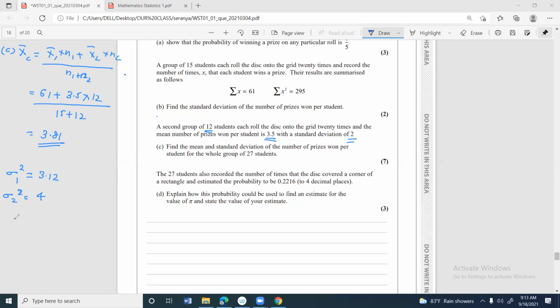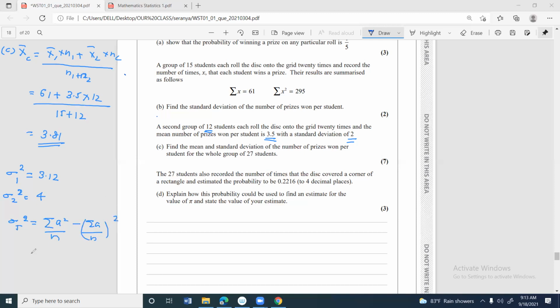Initially, I need to find the total set. Sigma squared of the total set would be the summation of a squared divided by n minus the summation of a divided by n, whole thing squared. This was the formula.